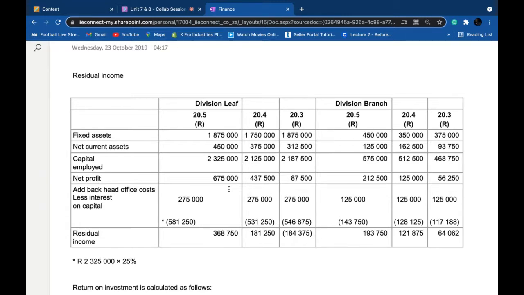Here, for some reason, we started with residual income. So you've got your net profit there. Then add back head office costs, less interest on capital.